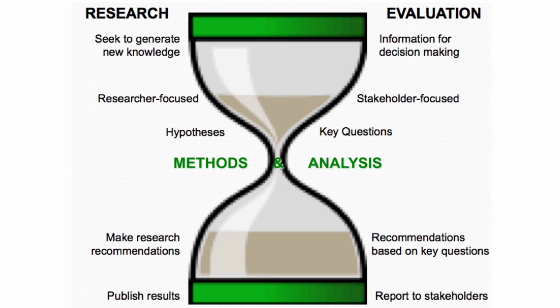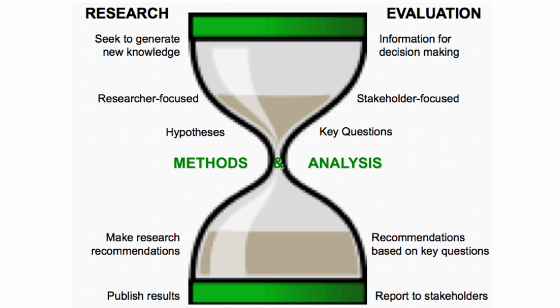On the research side, we focus on the hypothesis. On the evaluation side, we focus on key questions. Okay? On the research side, we make research recommendations. But on the evaluation side, we make recommendations based on the key questions. Okay? So, note key questions and hypothesis are two different things.